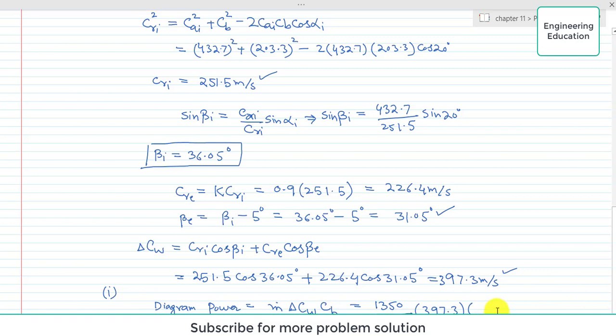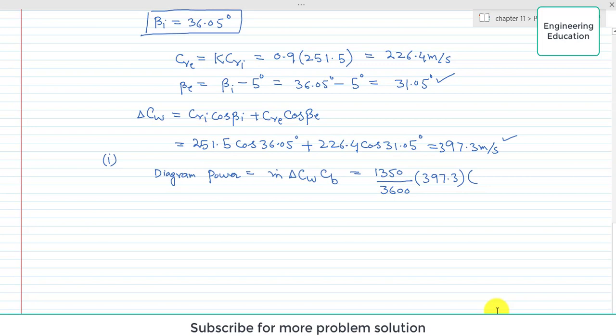Putting that value over here and simplifying, we get the diagram power, which is equal to 30.3 into 10 raised to power 3 watt, or 30.3 kilowatt.